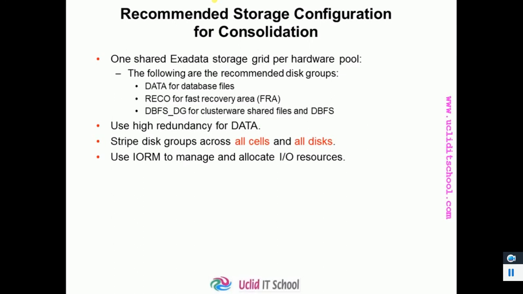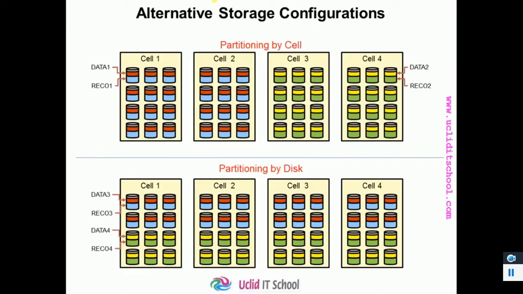So in that case, how do you control IO resources of one database from other database IO resources? For that we have the IORM feature, which we will learn in future classes. We have a dedicated class on IORM. So this is a recommendation. If you are running multiple databases, better implement IORM so that you can isolate IO related to each database. So these are the recommendations.